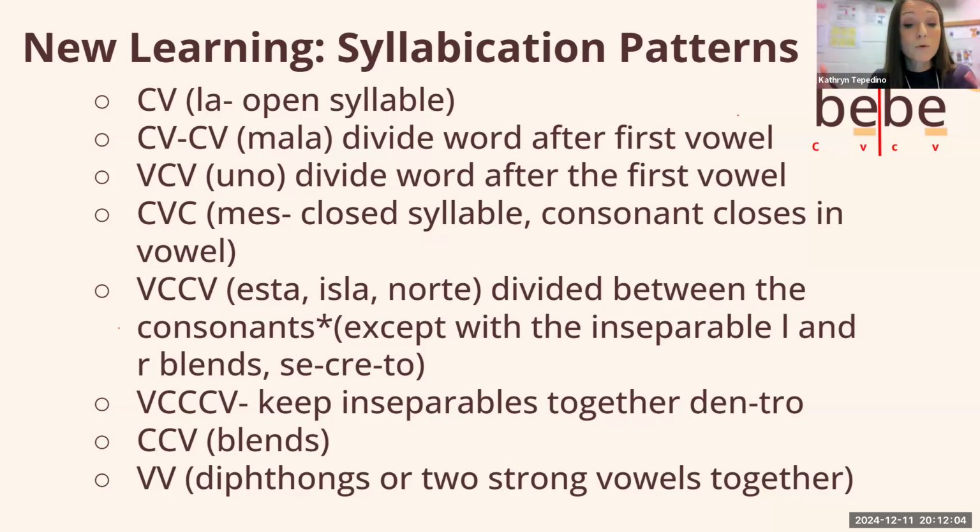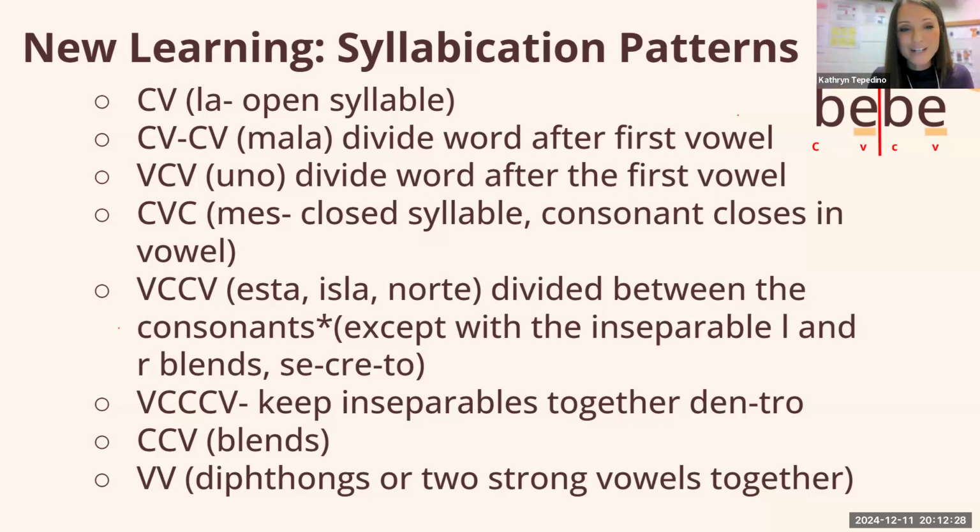So they're going to next learn to read closed syllable words. And you're going to tell them, listen, we have this other pattern. It's called consonant, vowel, consonant. And sometimes that vowel has a consonant after it and nothing else. No other vowel, like CV, CV. It's just consonant, vowel, consonant. And you're going to help them read that way.